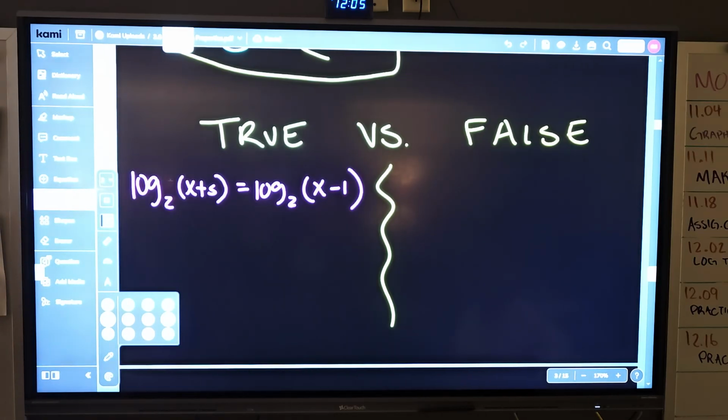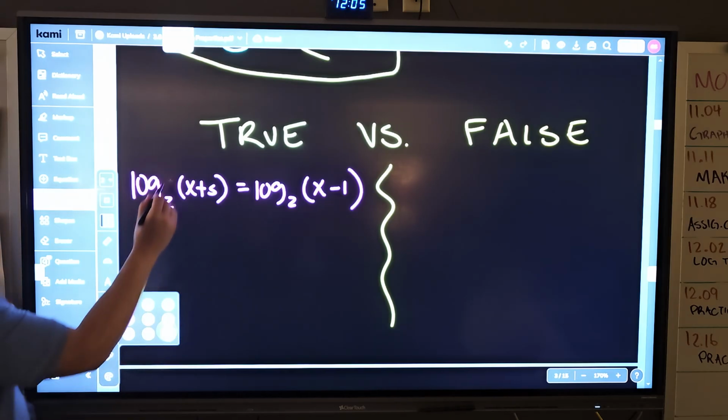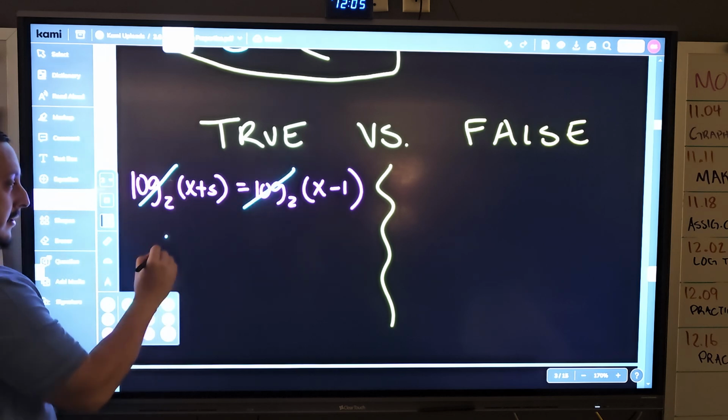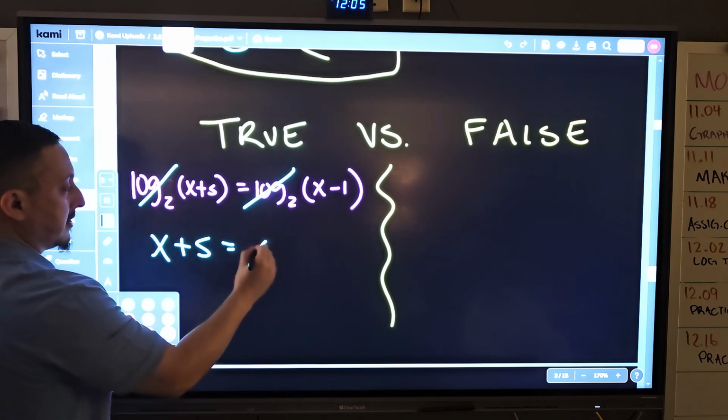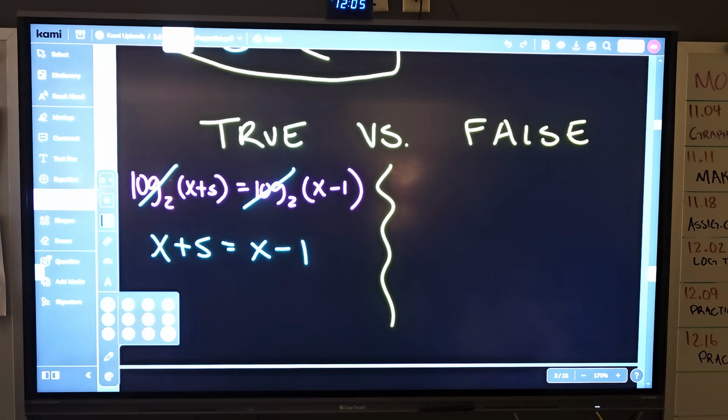Notice it meets all the conditions: same base, 2 logs, 1 on each side. So the logs can cancel. And it turns this complex problem into an algebra 1 problem after that. You just solve for x after that. Okay. Here's what it's not.